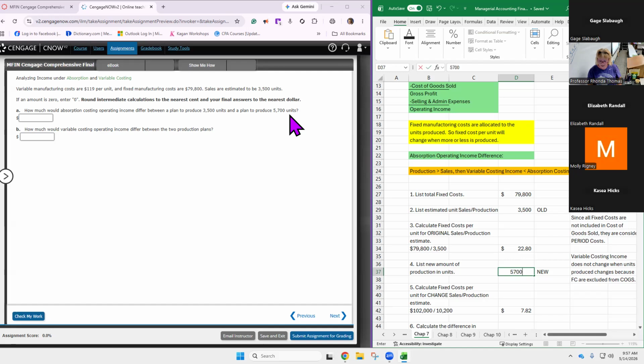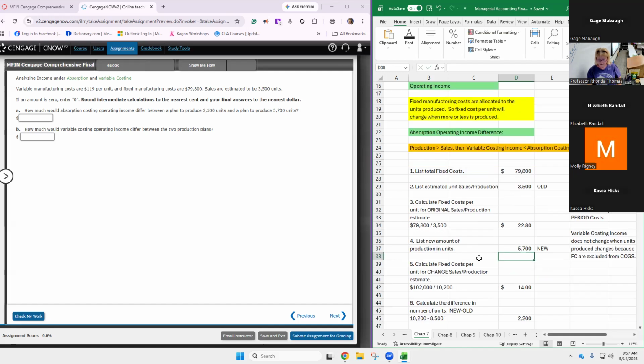So now I'm going to type this in. Here is our old production estimate. Here is our new. I would label that. And now we want to calculate a fixed cost per unit based on the new unit volume.